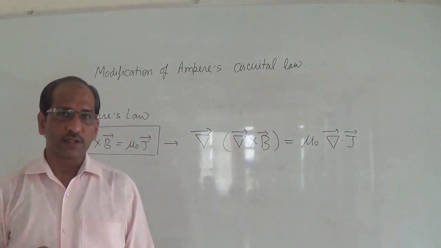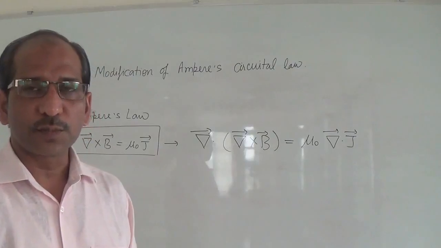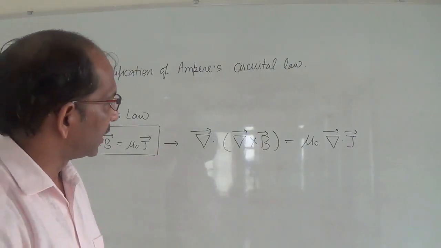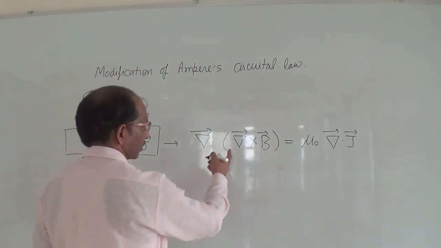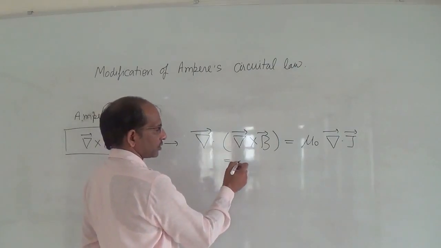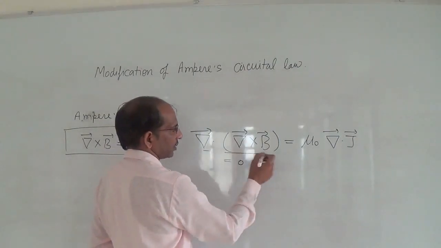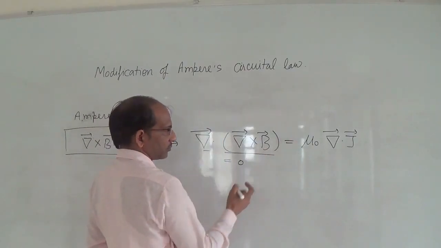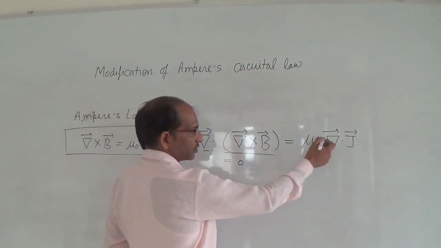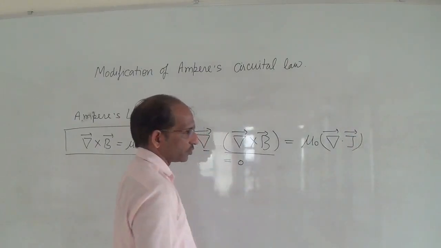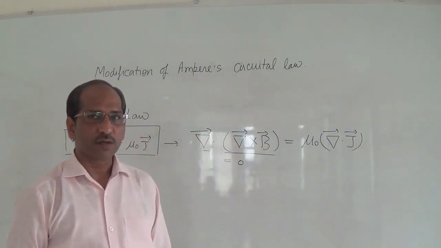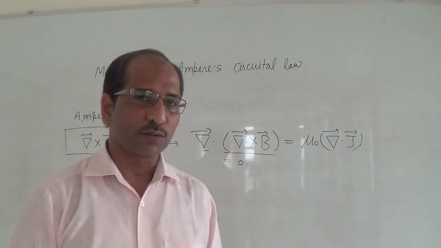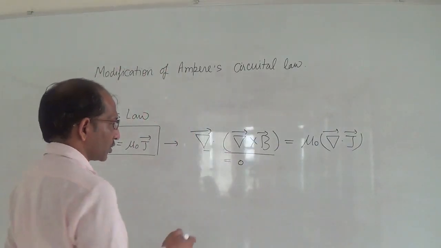By taking the divergence of this equation, we find that the left hand side is equal to 0, because the divergence of any curl is 0. So mu naught del dot J will be equal to 0. Mu naught is a constant and cannot be 0, so del dot J is equal to 0.